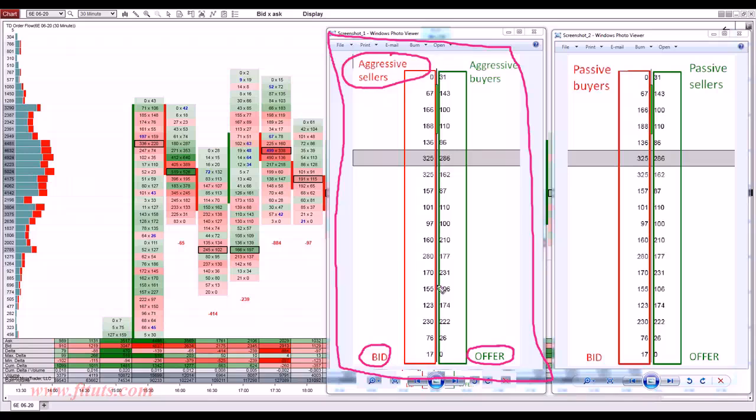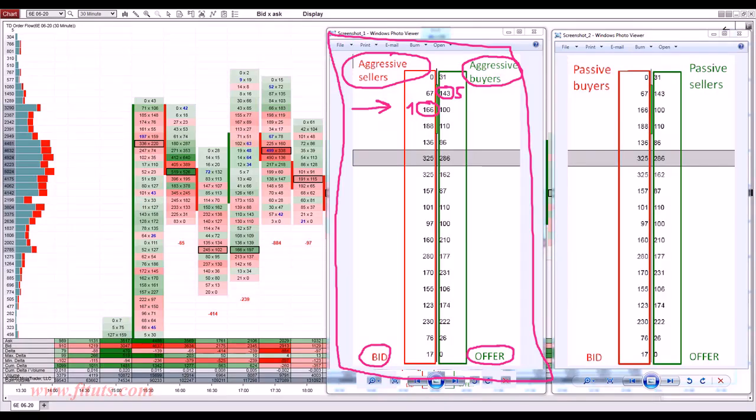So if you sell one contract, for example, at this price level, then it will show in here one contract. Now, if you buy with a market order, you are considered an aggressive buyer. You are aggressive because you bought with the market order. So if you buy 5 lots, for example, at this price level, there'll be 5 in here. This is the aggressive sellers and aggressive buyers.